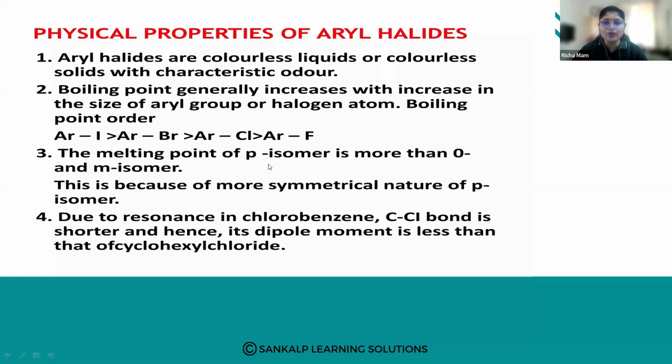Then the melting point of the para isomer is more as compared to ortho and meta. Let us discuss why. Ortho means the substituents are adjacent. Suppose this is your ortho substituted, then your para is like this, para substituted.